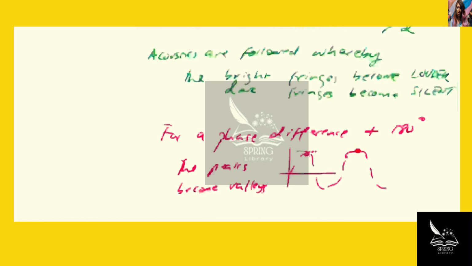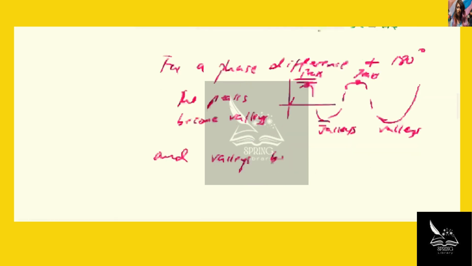These peaks right here are going to become the valleys. These are valleys right here. And these are peaks. The peaks are going to become the valleys, and the valleys become the peaks. So that's what's happening in this particular problem.